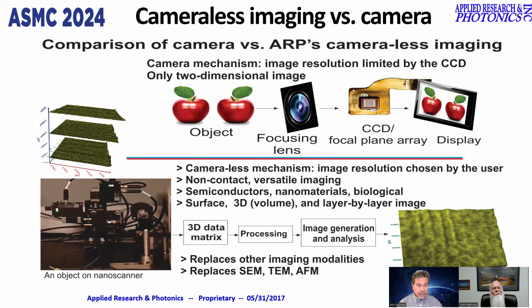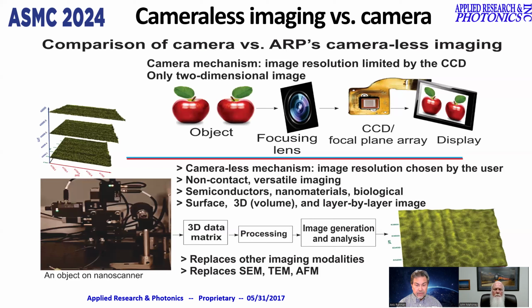In the nanoscanner, we don't have that focusing lens and CCD because we want to eliminate the limitations of the CCD. So the nanoscanner then scans a volume or an area, depending on what the user wants to do.